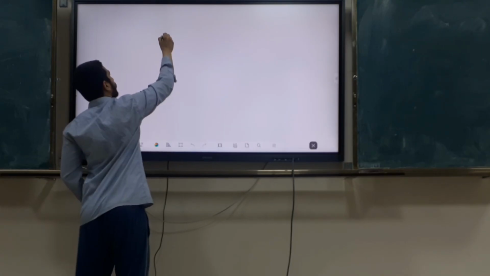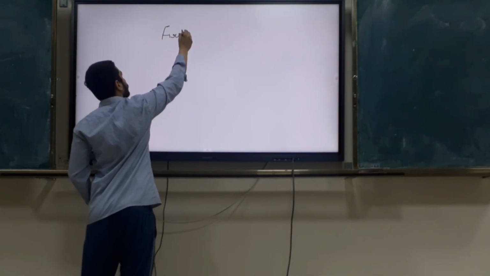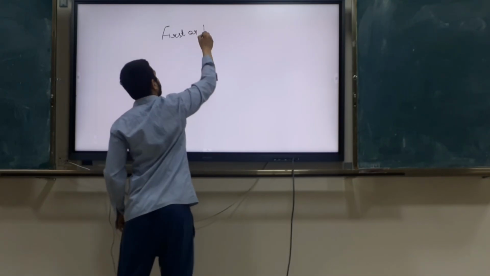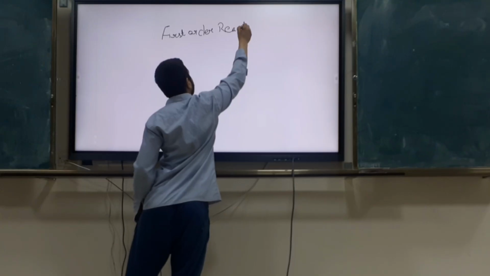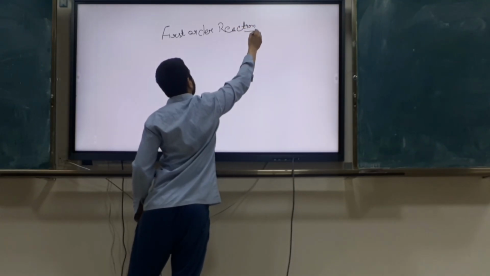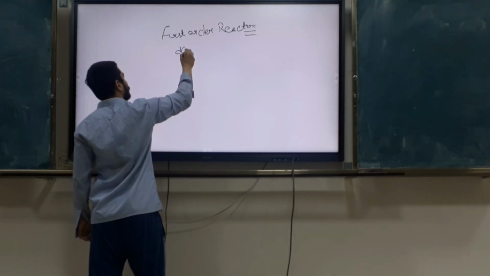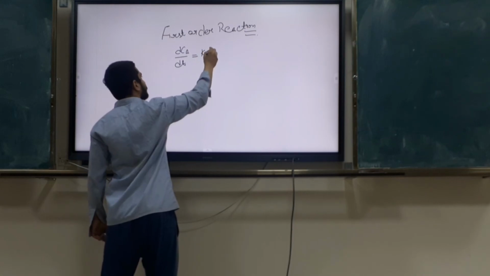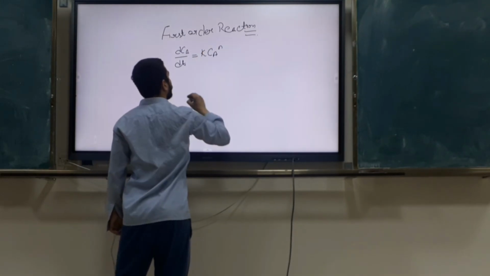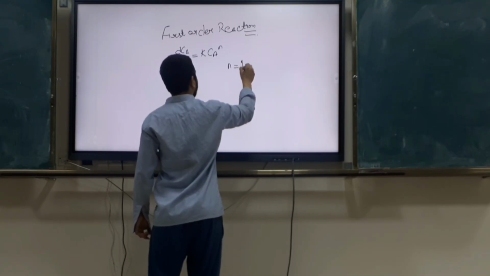Okay, so first order reaction. We know that dCa by dt is equal to K Ca to the power of n. As it is a first order reaction, the n value will be equal to 1.